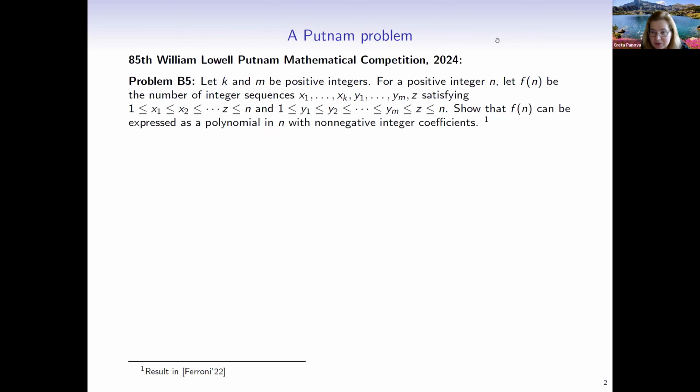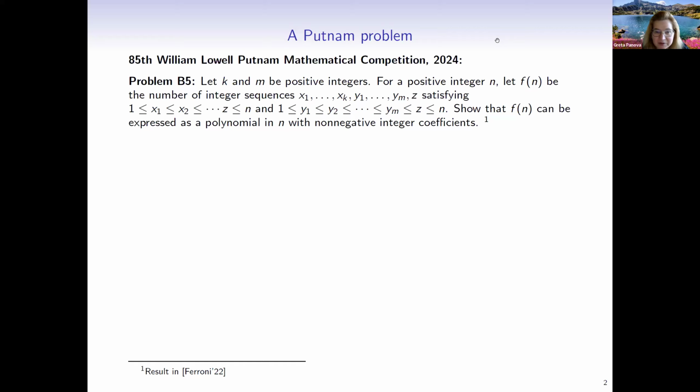If the z was not there, we would have two disjoint sets of multi-sets. It's given by the product of two binomial coefficients, and then it's easy to see that this polynomial is non-negative. So the z is making things a little bit weird.